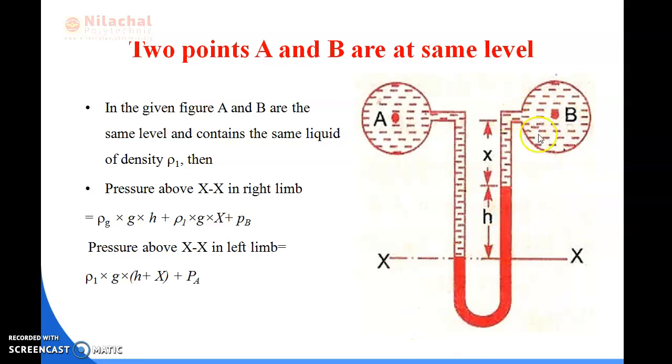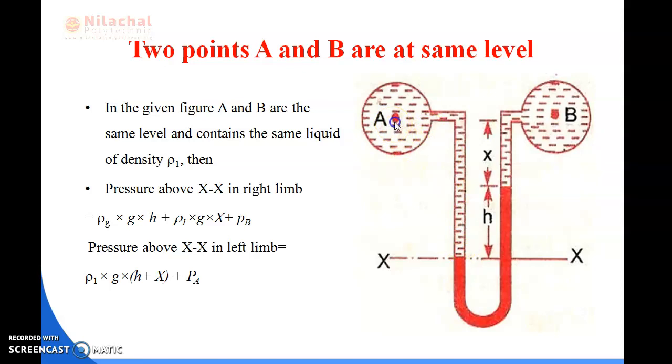First is the pressure of the pipe, that is PB, plus rho 1 G into X, this height, then plus rho G into H. This is the right side pressure. Then the left side pressure is rho 1 G into H plus X, plus PA, the pressure at pipe A.